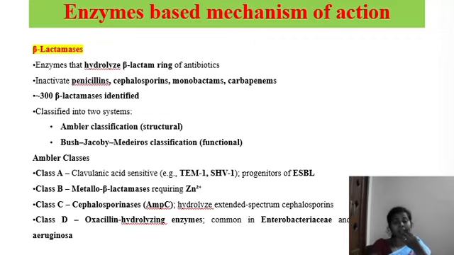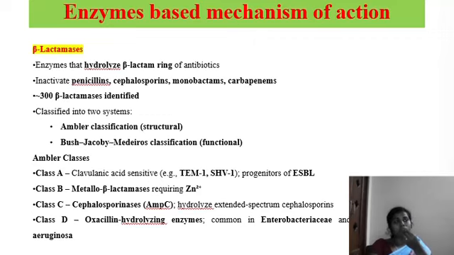And the next one is class B beta lactamase. They are metallo-beta lactamases, where metals such as zinc or heavy metals act as a catalyst to activate this enzyme, and they are inhibited by chelating agents. In the case of class C beta lactamases, they are also called cephalosporinases.